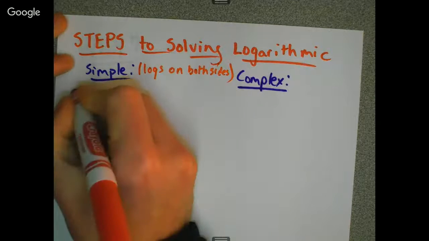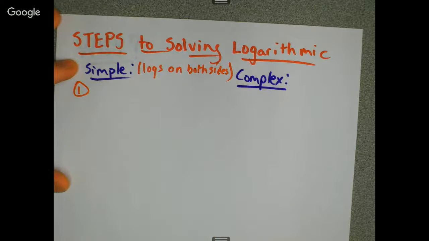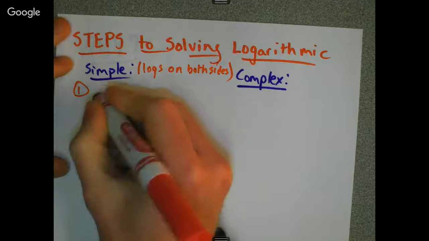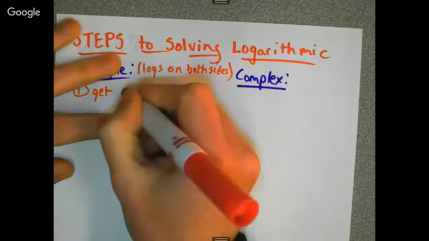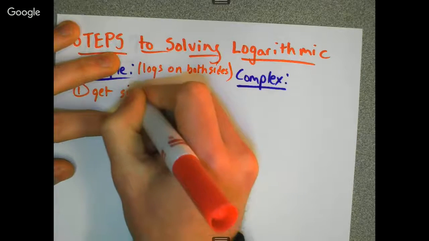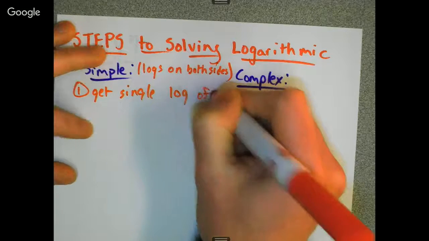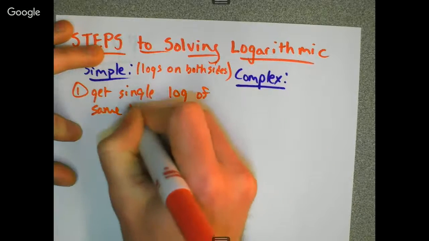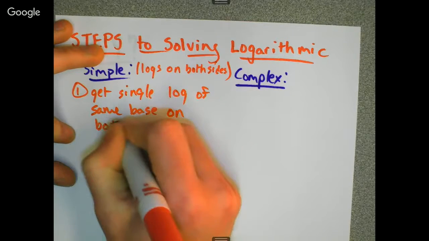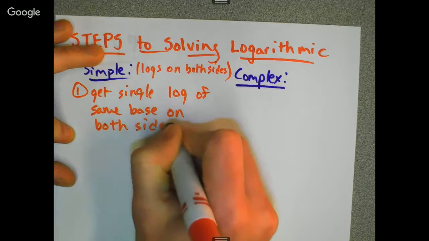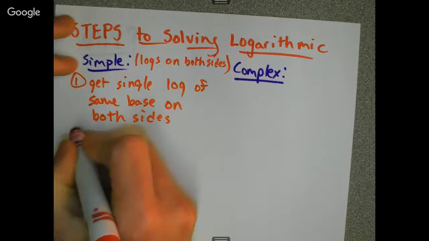Step 1 will be to combine logarithms on each side of the equation, so get a single log of the same base on both sides. I have, like, a log 10 and a log 10 on both sides of my equation.